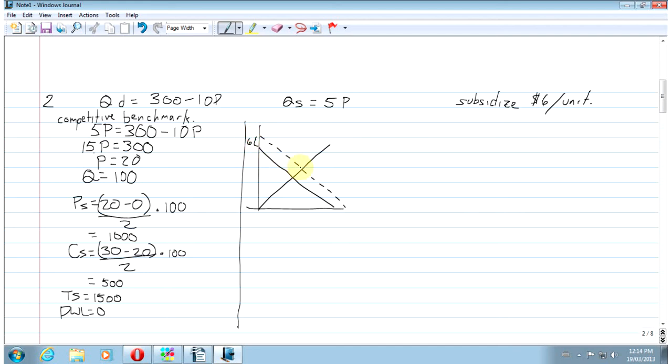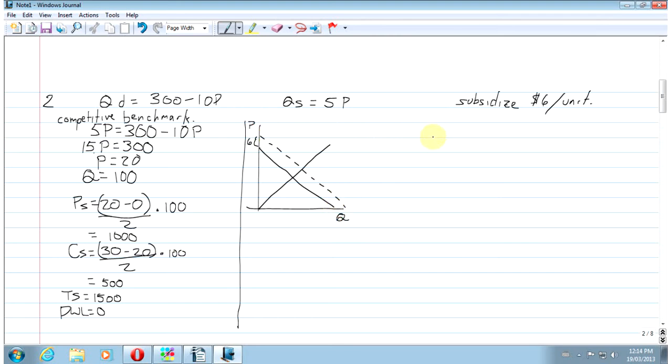So PD, with the subsidy, minus 6 is actually the real price of demanders, right? So basically I've shifted their demand schedule up for any possible quantity, right? So this being P and this being Q, right?